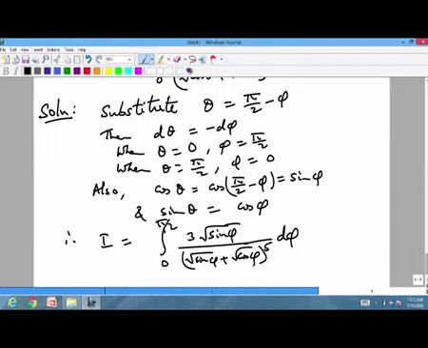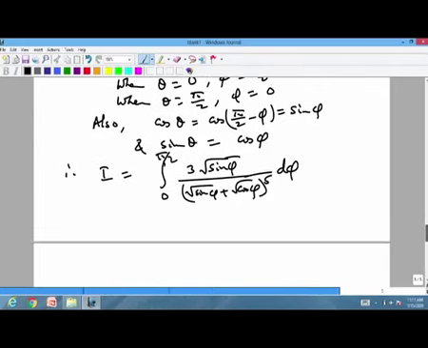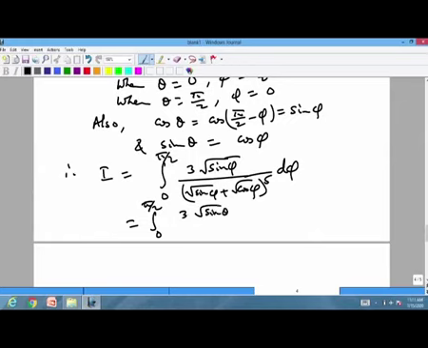The integral will be from pi by 2 to 0 and then we will have minus d phi, and then the minus of this integral can be written as integral from 0 to pi by 2 of this. Again this integral, instead of phi I can use theta. So, this can also be written as 0 to pi by 2 of 3 square root of sin theta divided by square root of cos theta plus square root of sin theta raised to power 5 d theta.